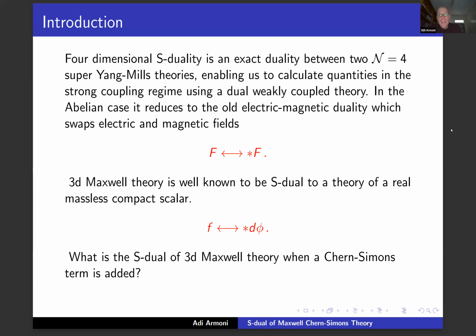the Maxwell equations are invariant under, in the modern language, F goes to star F. Now in 3D, when we say electric-magnetic duality, well, that's a bit strange to say.